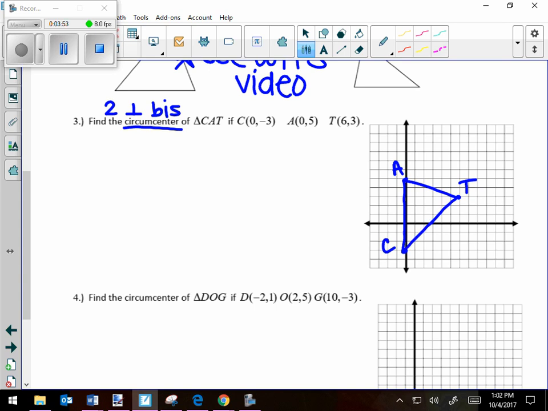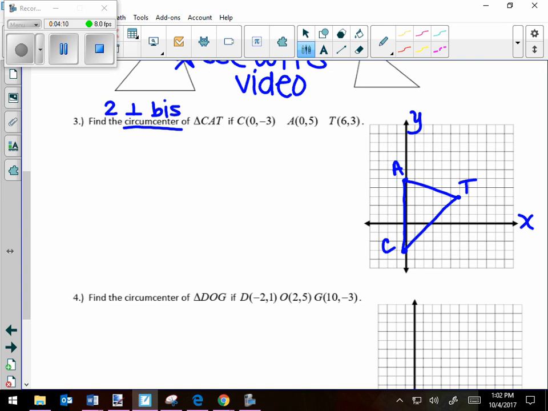When you have a graph, please do not forget to make sure you label the X and Y axis. And for our circumcenter, we basically could do three perpendicular bisectors. We're going to pick only two, and we're going to graphically go in and take a look at where those are.